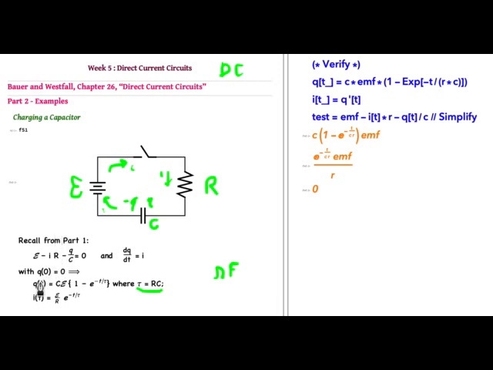Now that's the charge on the capacitor, and the current, the derivative of that, will be E over R, e to the minus t over tau. So the current starts out at a value E divided by R, and then it decays exponentially until it goes to 0 with a time constant of tau.